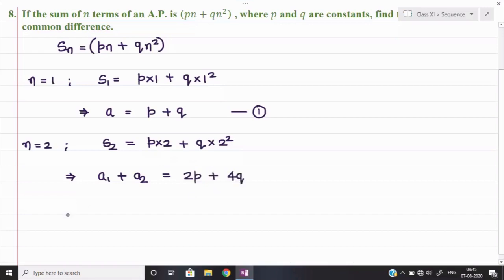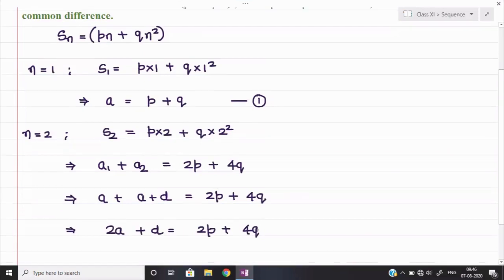Now a1 we normally denote by the symbol a, and a2 we can write as a plus d, by the formula an equals a plus n minus 1 into d. So a2 is equal to a plus d, a3 is equal to a plus 2d. In that manner we have written. So 2P plus 4Q. Now you see a and a we can add over here. That will be 2a plus d is equal to 2P plus 4Q.